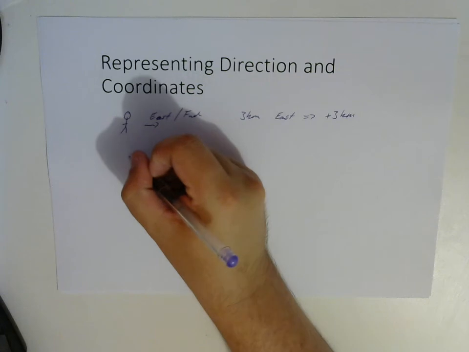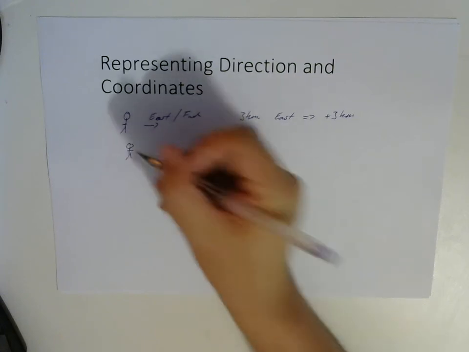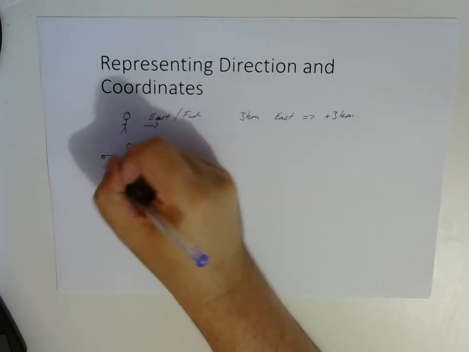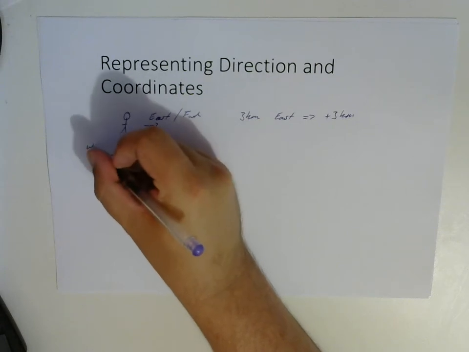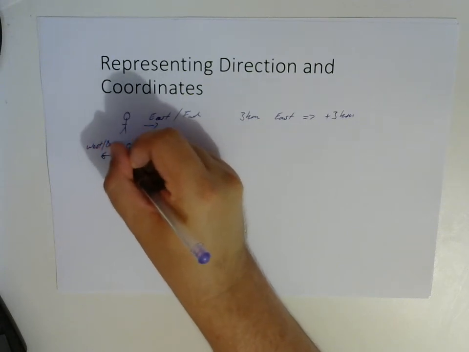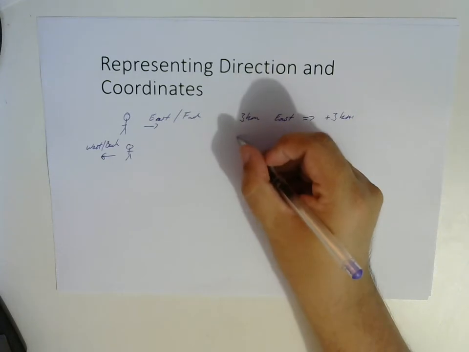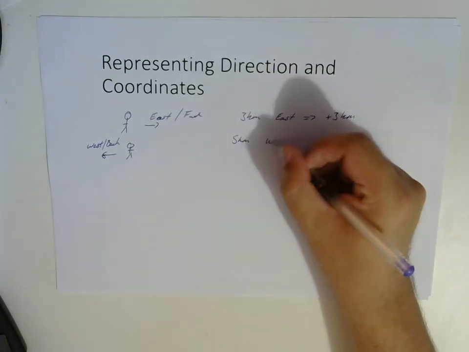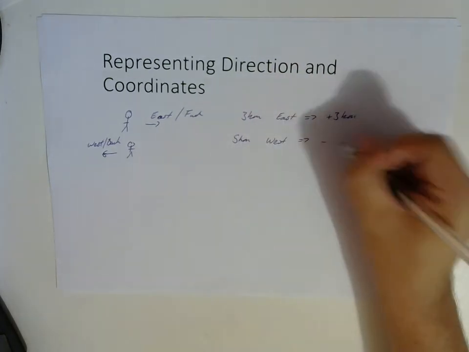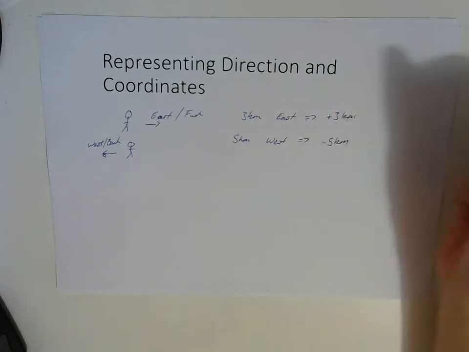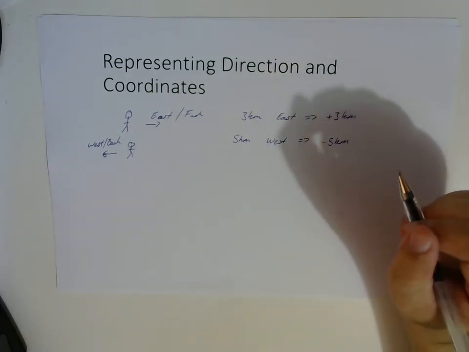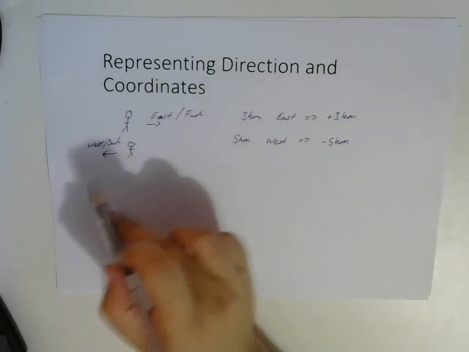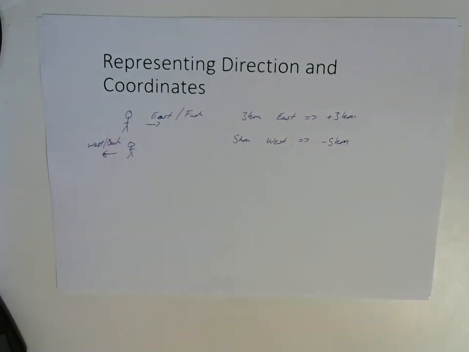If Johnny here moves west or backwards, we would give that the negative direction. So 5 kilometers west would be the same as writing minus 5 kilometers. And the minus in this case has to be there. You can't skip that through laziness.